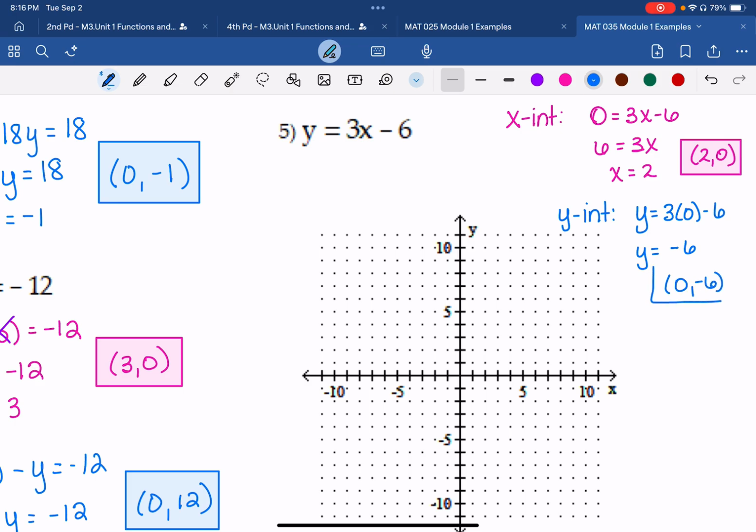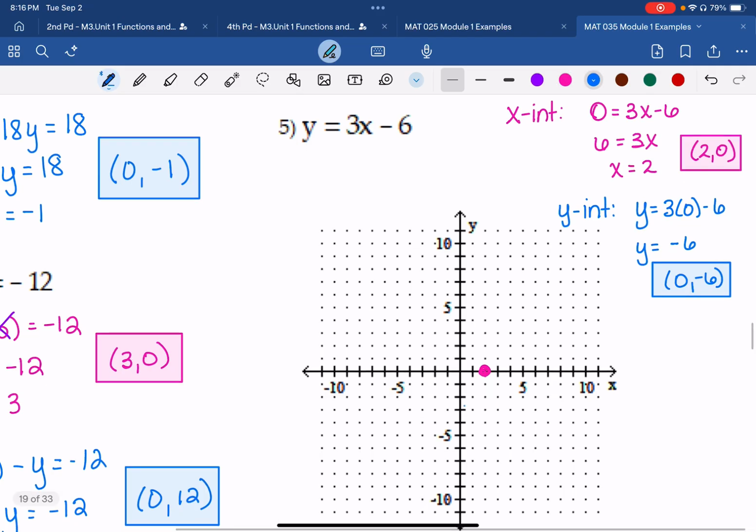That one was a little shorter. And now I'm going to plot those points. So I've got 2, 0 on my x-axis. And then I've got 0, negative 6 on my y-axis. And then I'm going to connect those. And I've got my line.